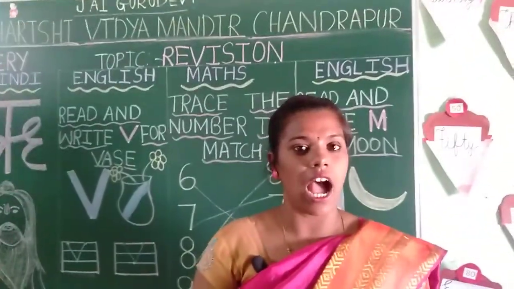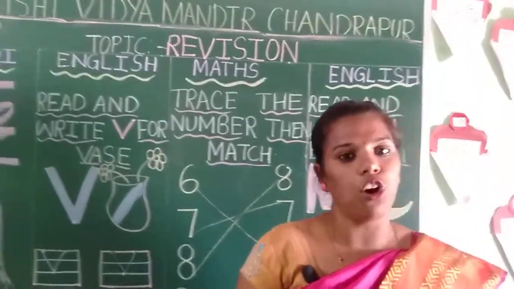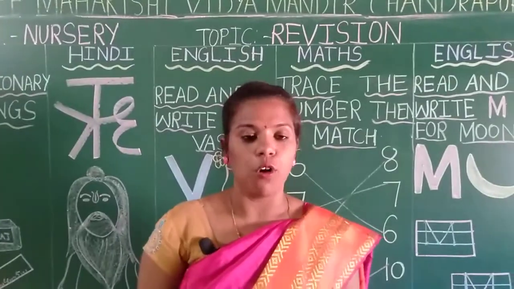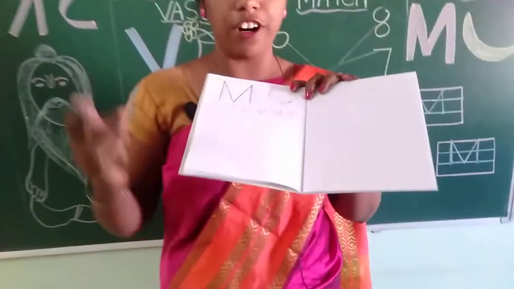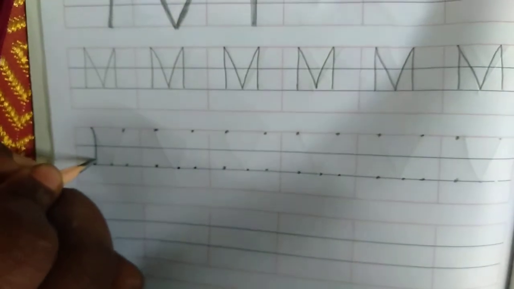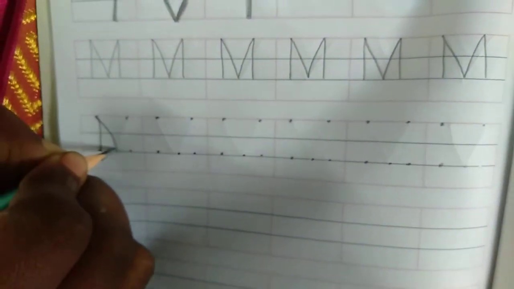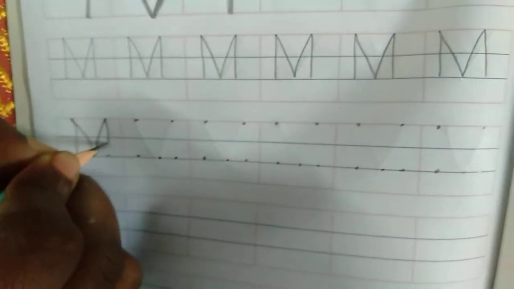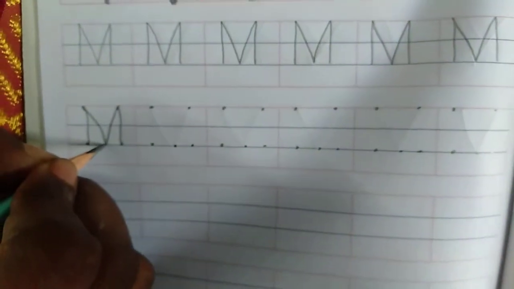Now we will see how we will write in the notebook. Open your new format 4-line notebook. Here tell Mama to make the pattern of M for moon. In this way, read and write M for moon. How are we going to write M for moon? See here. Standing line, down, up, down. You should join this blue line.